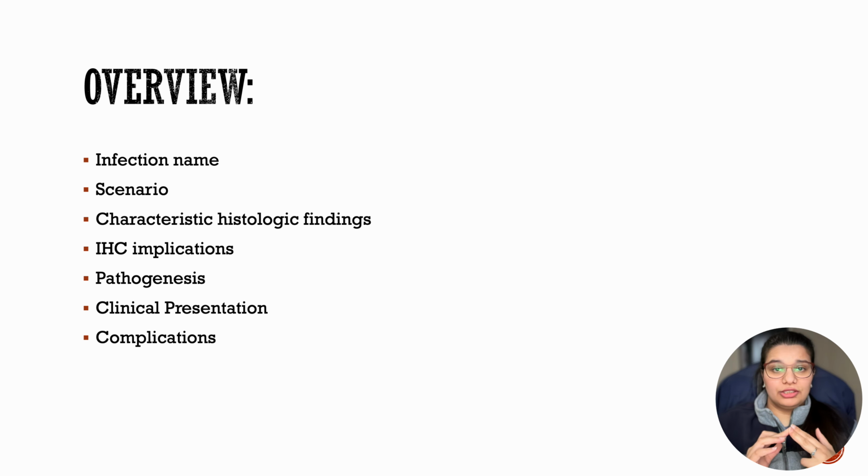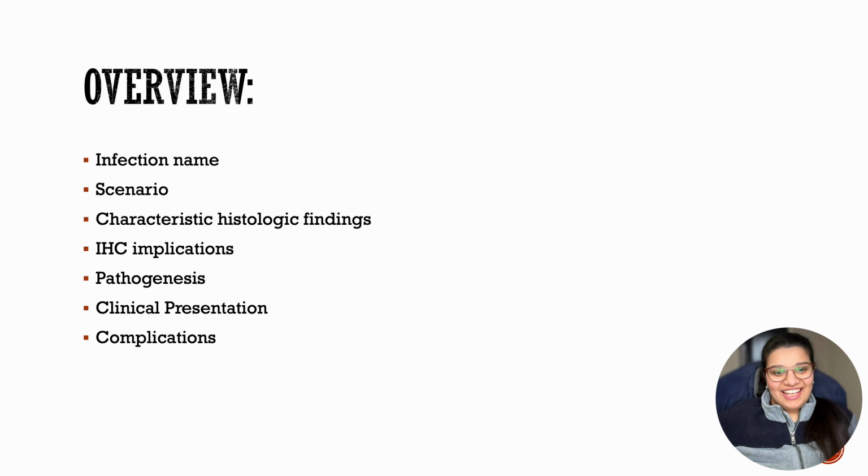And then we'll talk about the characteristic histological findings, then the IHC implications and what are the findings seen on IHC. Then at the end of the video I'll talk about the brief pathogenesis of how that infection occurs, and the clinical presentation. Later on, if there are any complications of the infection, those will be discussed at the end of the video.